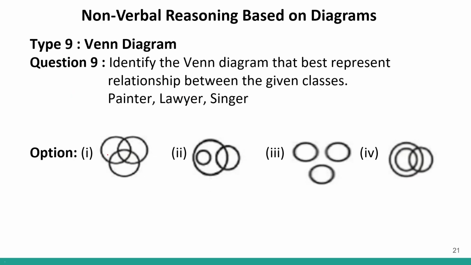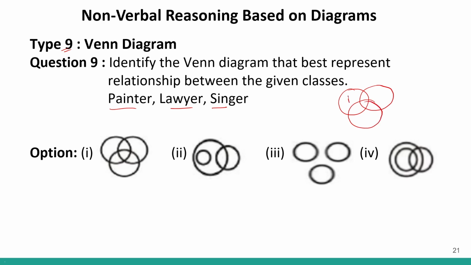Last type, which is Venn diagram. Venn diagram, basically we are given certain words, painter, lawyer and singer, and we have to identify which of the following Venn diagrams shows the relationship between these three words. So let us say we have painter, then we have lawyer, and then we have singer.